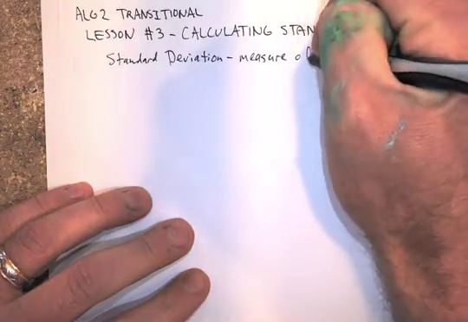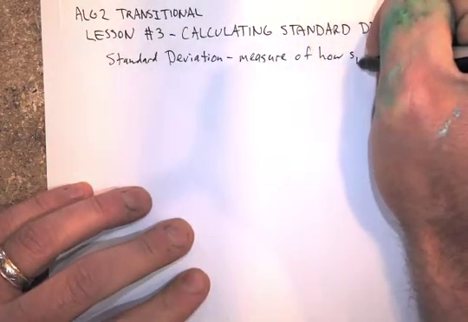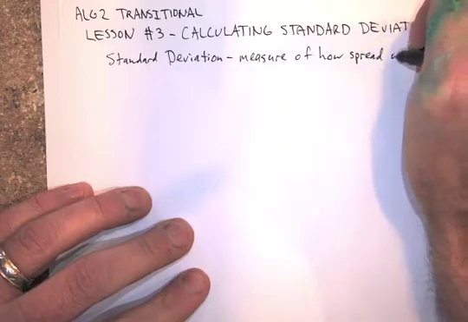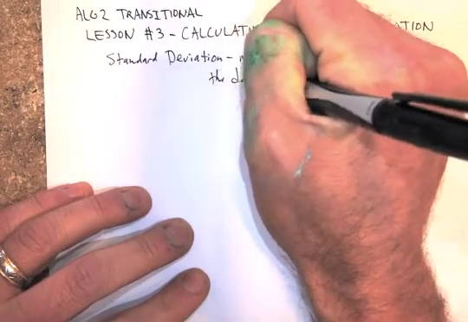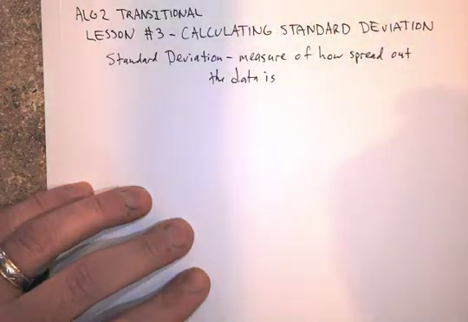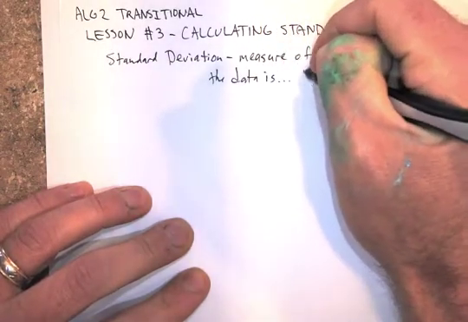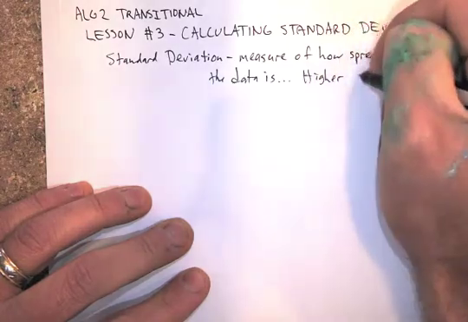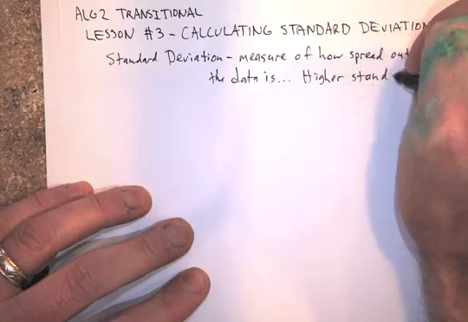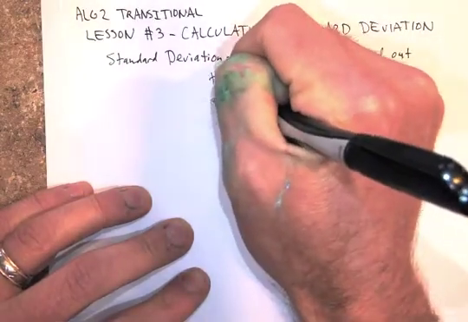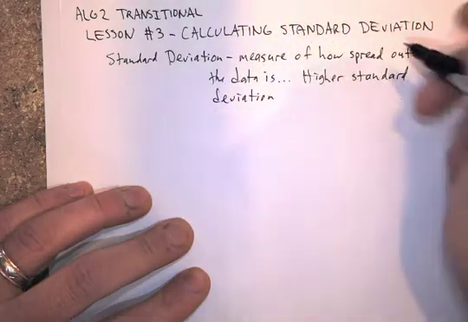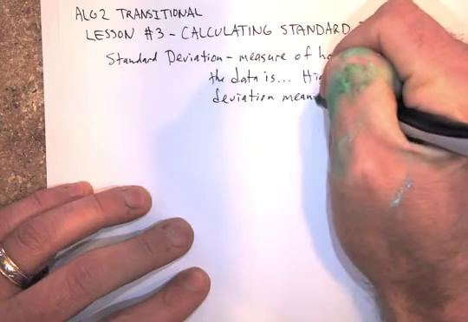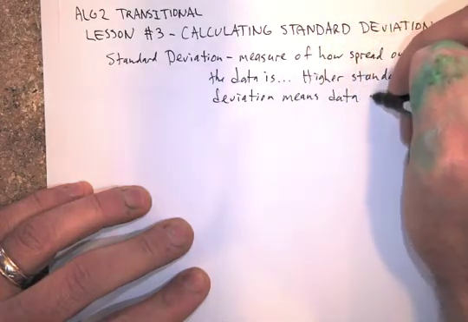It's just a measure of how spread out the data is. Okay, in other words, a higher standard deviation means the data is more spread out.